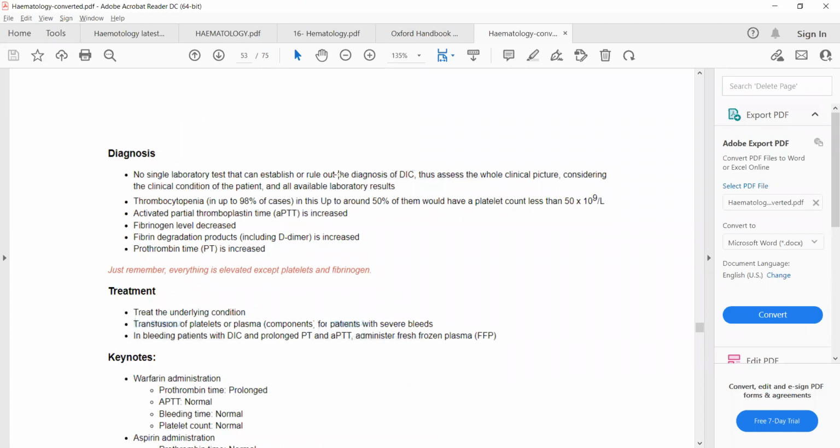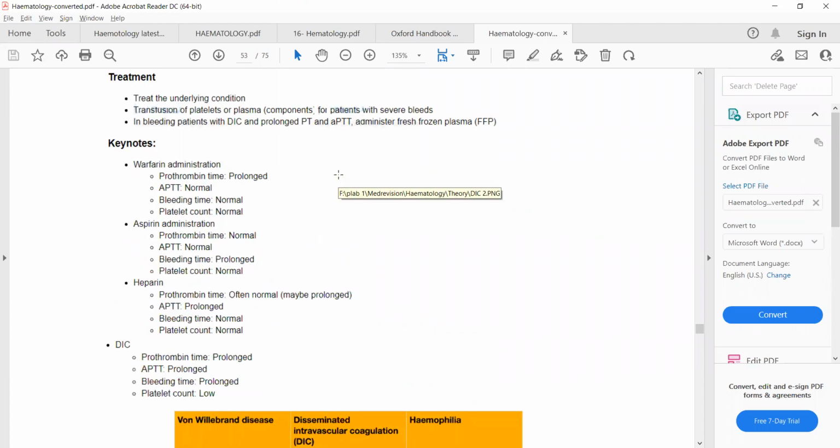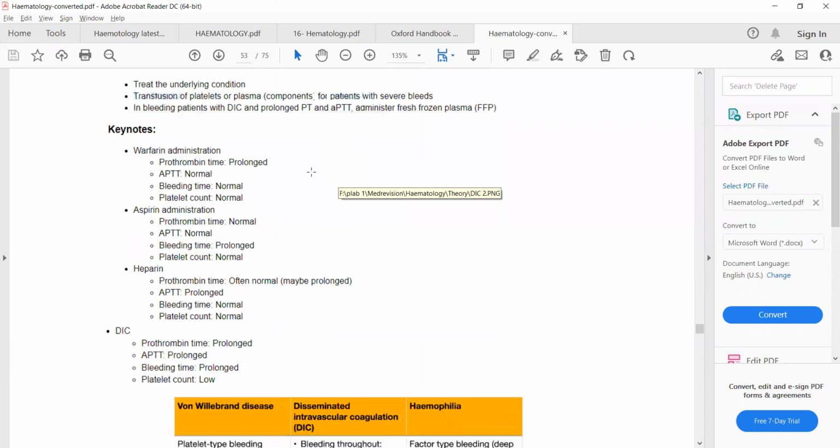So some key points about warfarin administration. We discussed that warfarin will inhibit vitamin K dependent clotting factors, such as 2, 7, 9, and 10.